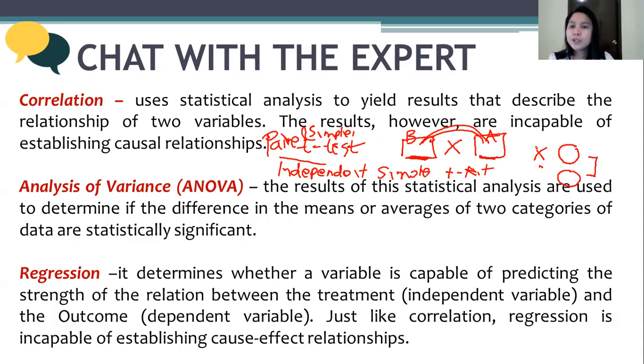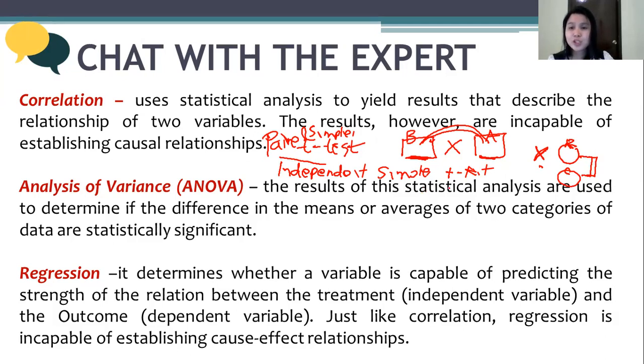Example, one group of human beings are listening to rock music, another group is listening to classical music. Then we check their weight, their mass. Mass of the rock music group and mass of the classical music group. Then you compare the two. You use independent samples t-test.